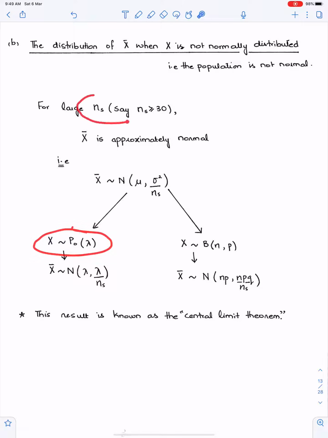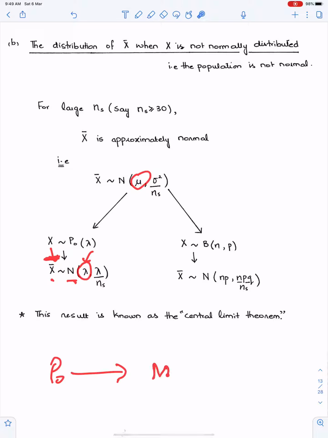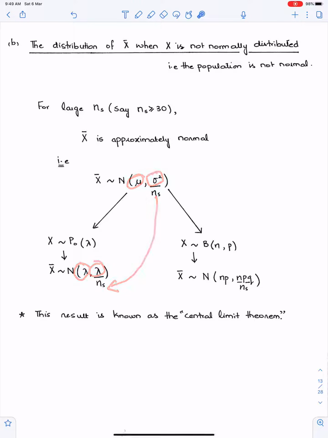For large samples, the distribution of x bar, the distribution of the sample mean, will always be normal. So you just need to replace mu by lambda, because the mean of Poisson is lambda and the variance of Poisson is also lambda. So replace mu by lambda and sigma square by lambda. The n should be copied.